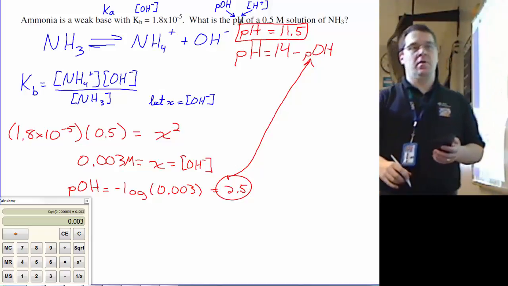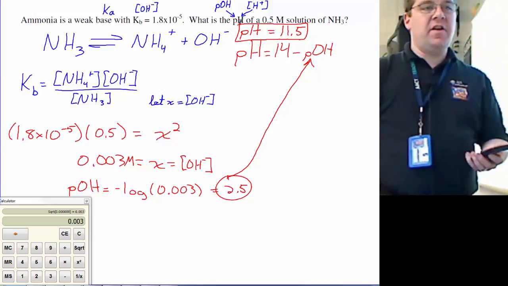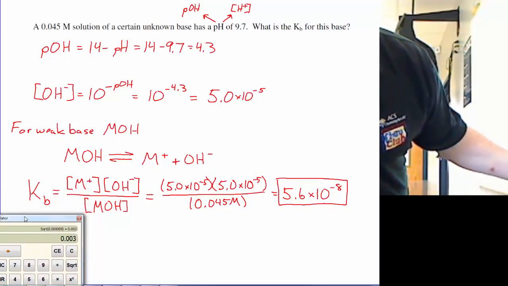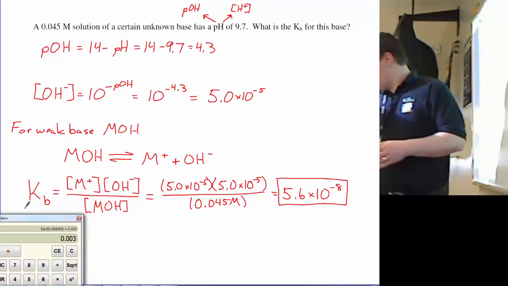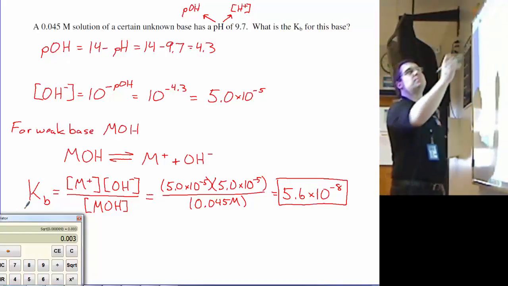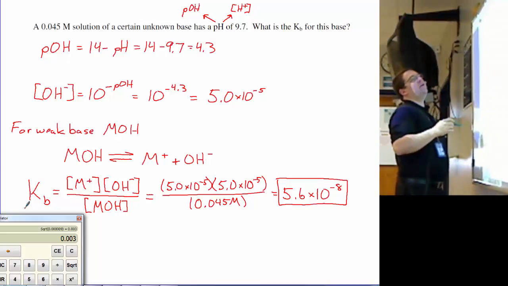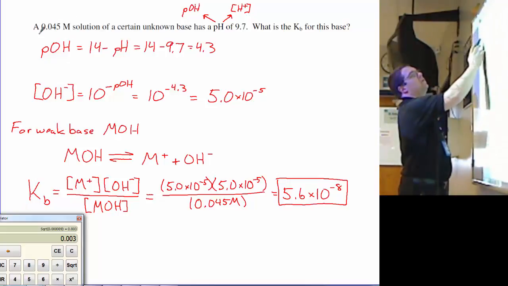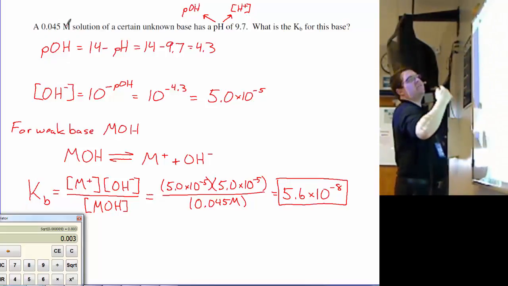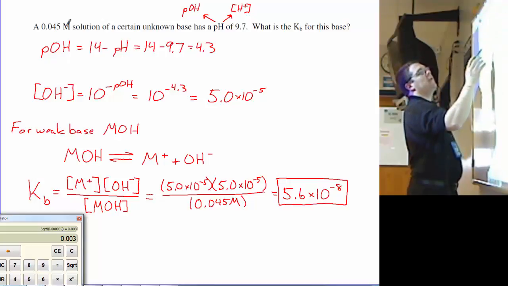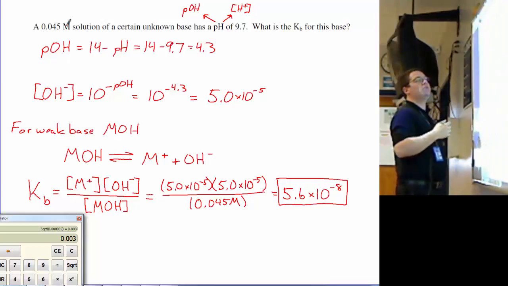All right. Now the last question you asked about is finding Kb from pH. So once again, if we know the pH, from pH we can go to either pOH or the hydrogen ion concentration. And we have the concentration of the weak base. So that kind of suggests let's work with the equilibrium expression. So pOH is going to be equal to 14 minus the given pH, so that's going to give us 4.3 for the pOH.